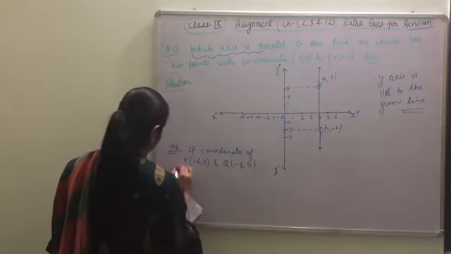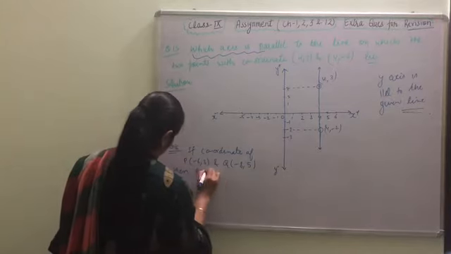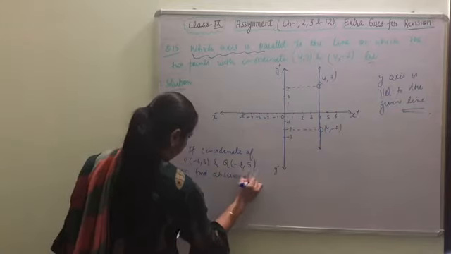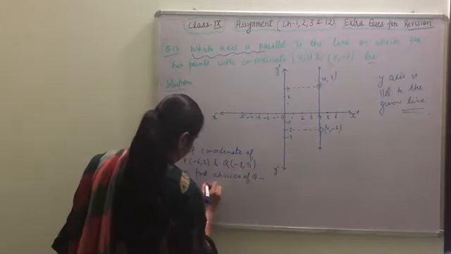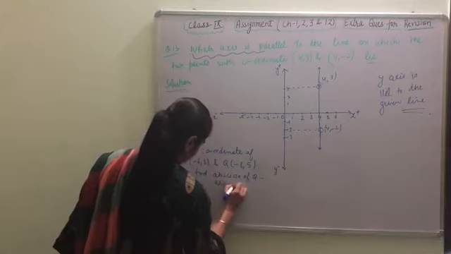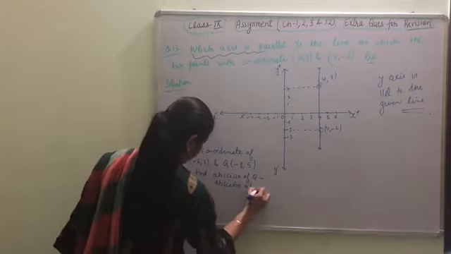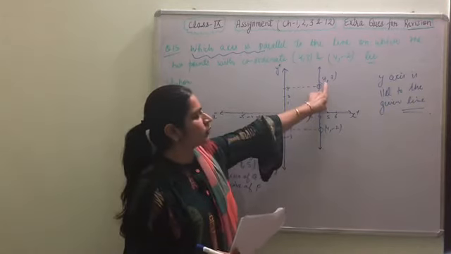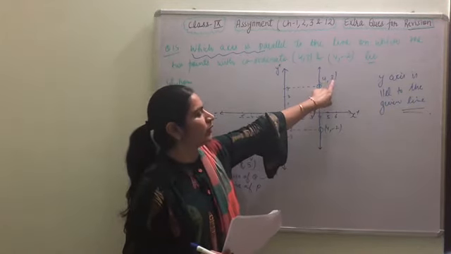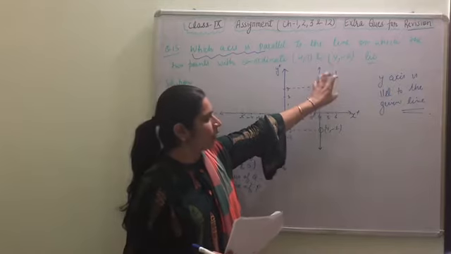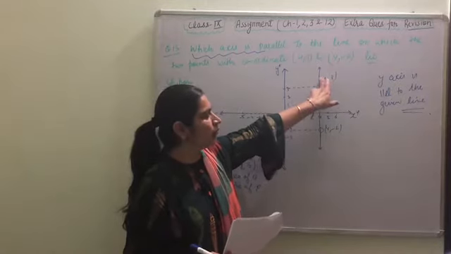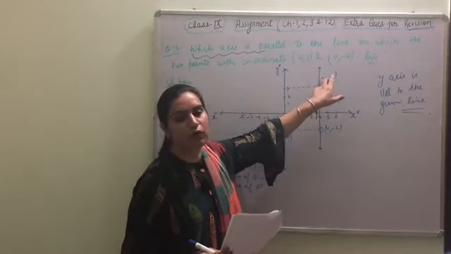Then find the abscissa of Q minus the abscissa of P. One more thing I want to tell you: the first coordinate is called abscissa, the second coordinate is called ordinate, and both values in ordered form are called the coordinate.